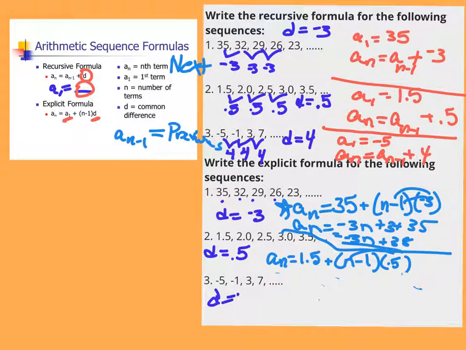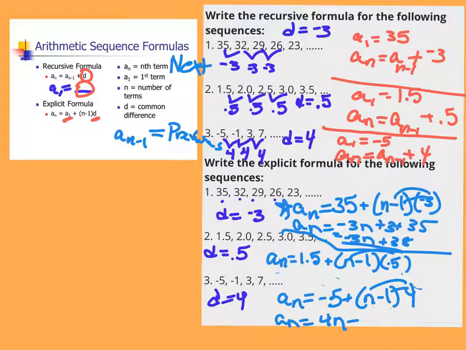So d is equal to 4. When I plug it into my explicit formula, I get a sub n is equal to, my first term is negative 5 plus the quantity n minus 1 times that 4. And then if I distribute that 4 through, I'm going to get a sub n is equal to 4n minus 9, or plus a negative 9. Again, you can leave it this way or you can simplify it.